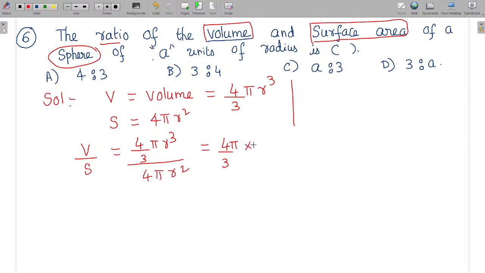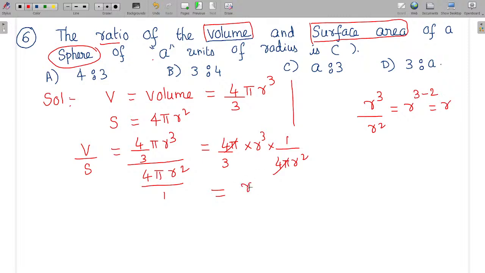4π/3 into r cube multiplied with the reciprocal of this, 1 upon 4πr square. So 4π cancel. So my dear students, you see r cube by r square means r to the power of 3 minus 2, because it is in the form of a to the power of m by a to the power of n, a to the power of m minus n. This will be r.